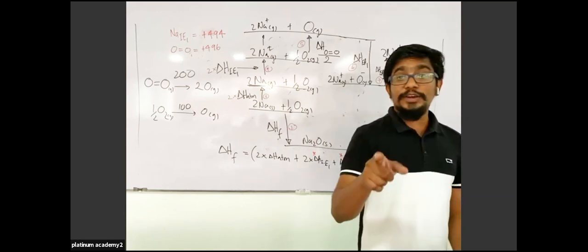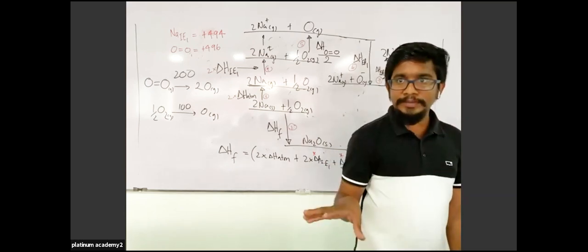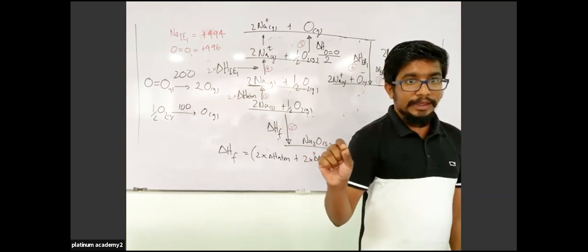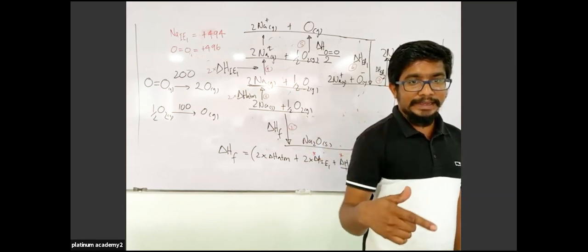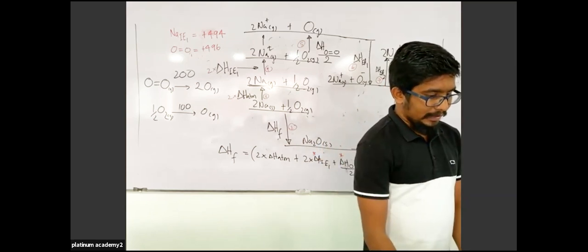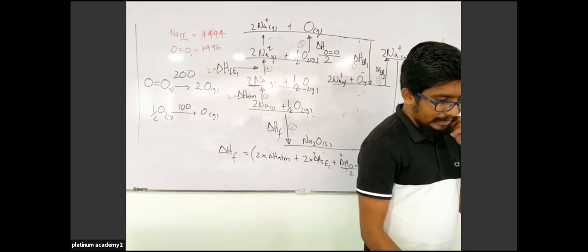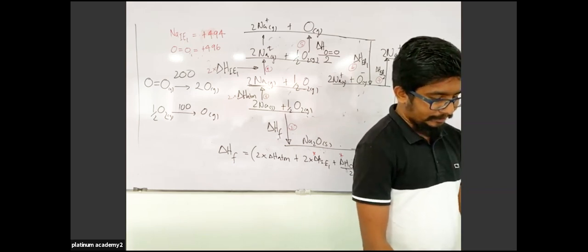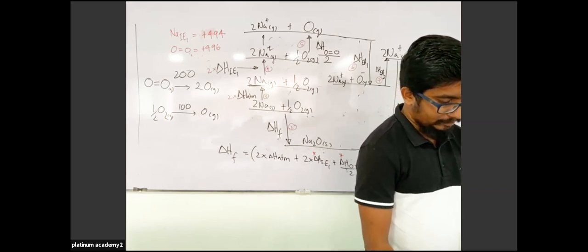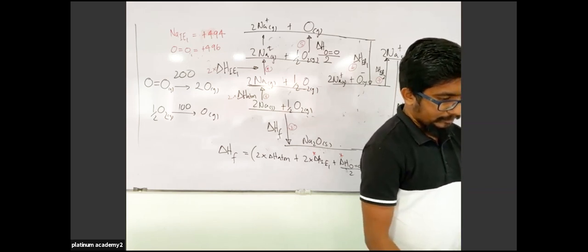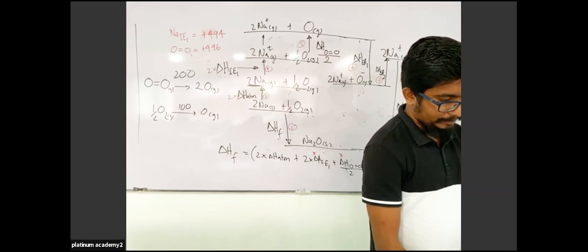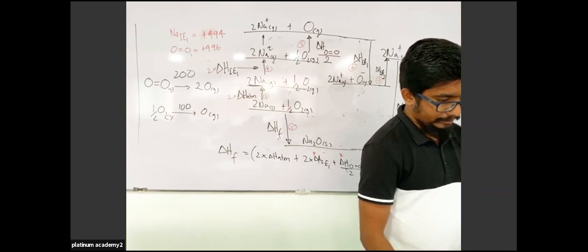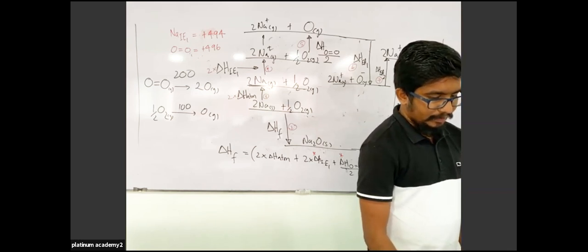So what you all can do is draw the Born-Haber cycle, write down the equation, and go to the next Born-Haber cycle. Then once I bring the data sheet, you can quickly substitute the values. You can download from the group also.